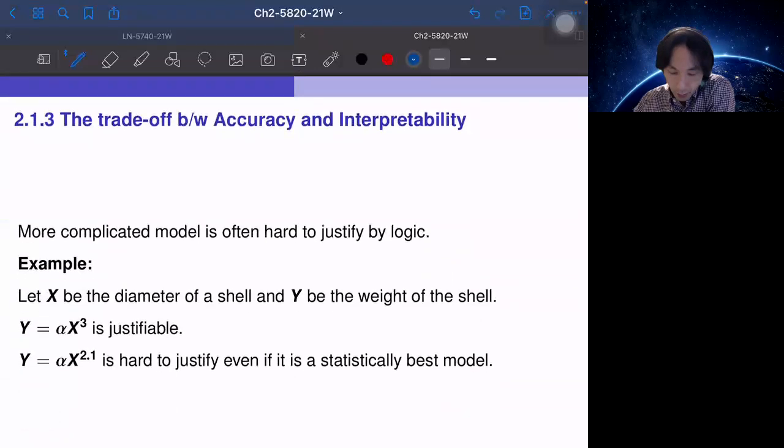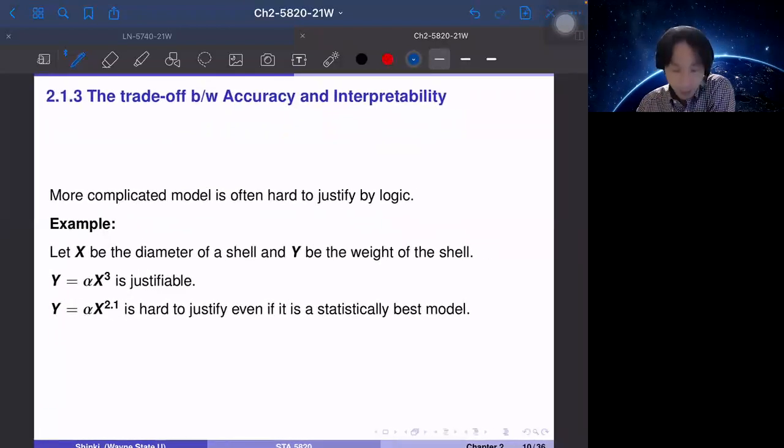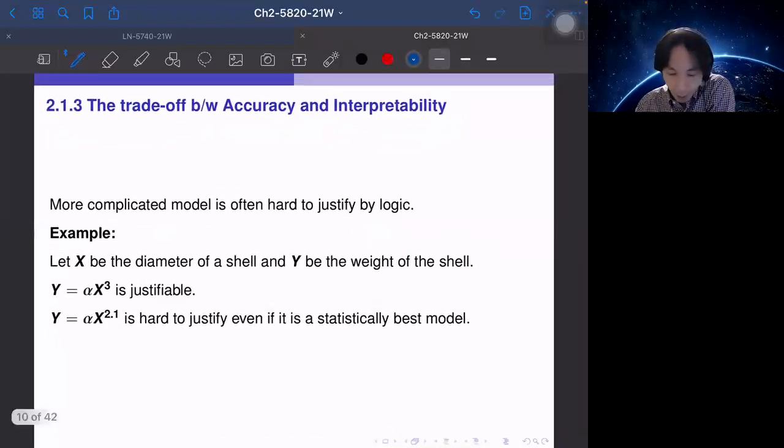This is a more philosophical point, but a more complicated model is often hard to justify. Suppose we want to explain the weight of a shell by the diameter of the shell, and we think about 2 formulas.